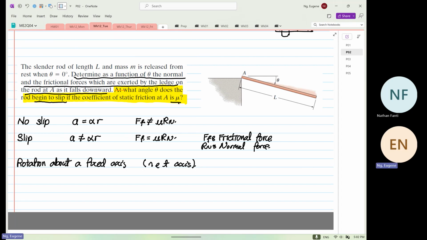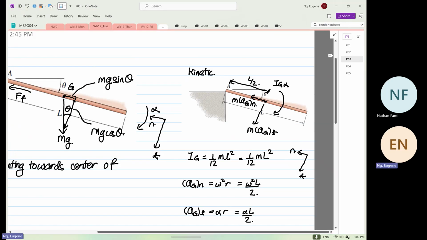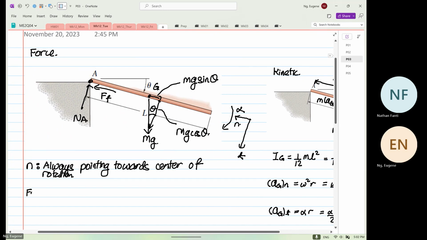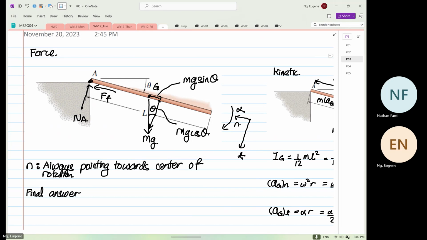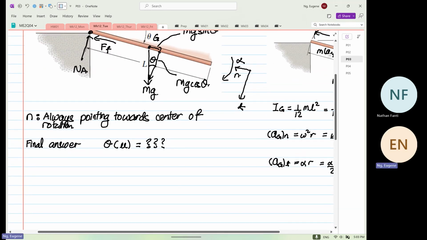So the final answer should be theta as a function of mu. That is how your final answer should look. We know what our variable is, and we know what our response is.